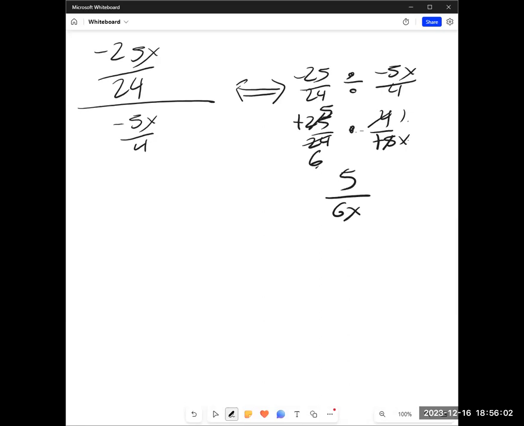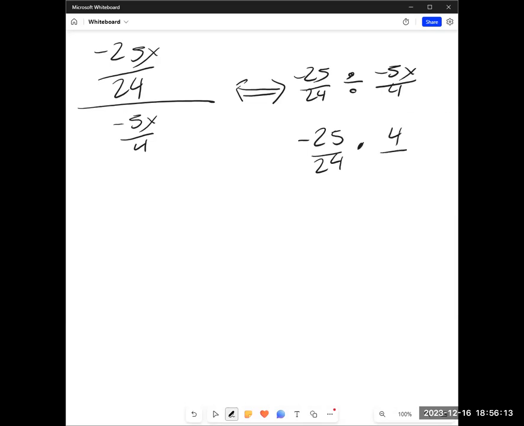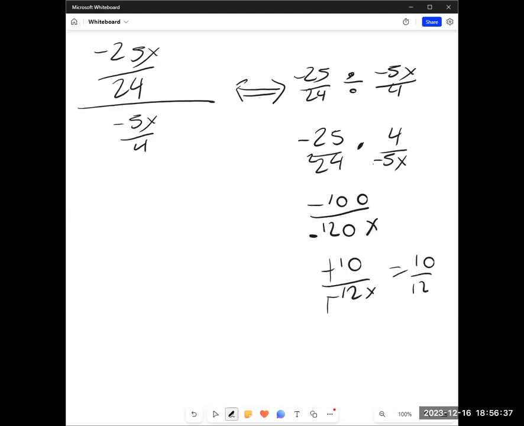If you don't like all that crossing out together, then you can go ahead and make this negative 25 over 24 times 4 over negative 5x, and this is going to be negative 100 over negative 120x, and divide by 10 first, and then this is 10 over 12x. 2 goes into there 5 times, then to there 6 times, and that's 5 over 6x.